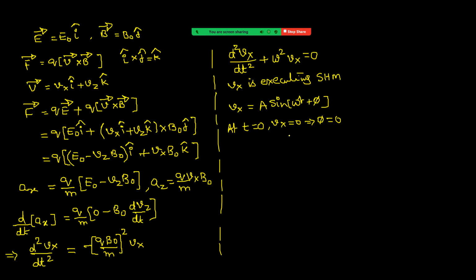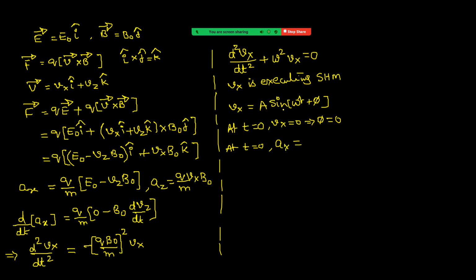Next, we want to find out what the value of A is. Now what I'm doing is, at t = 0, what is the x component of acceleration? Let me differentiate this Vx. What do we get?